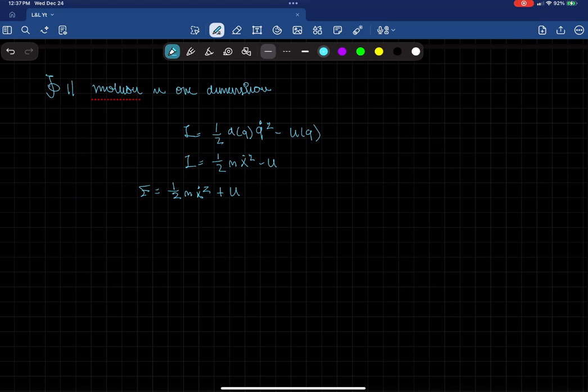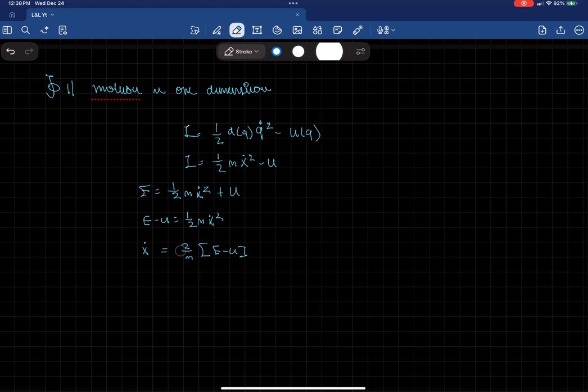If we rearrange, we get E minus U equals 1/2 m x dot squared, so x dot squared equals 2 over m times (E minus U). Taking the square root of both sides, we get x dot equals the square root of 2 over m times (E minus U).